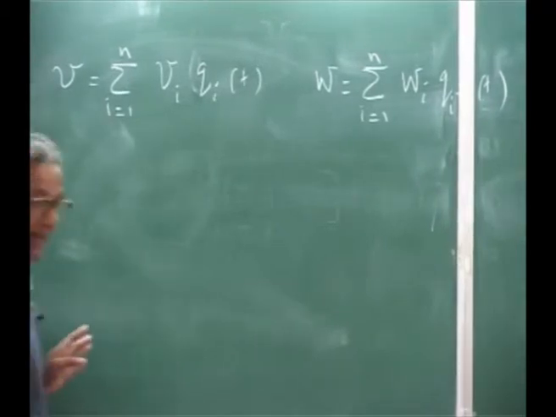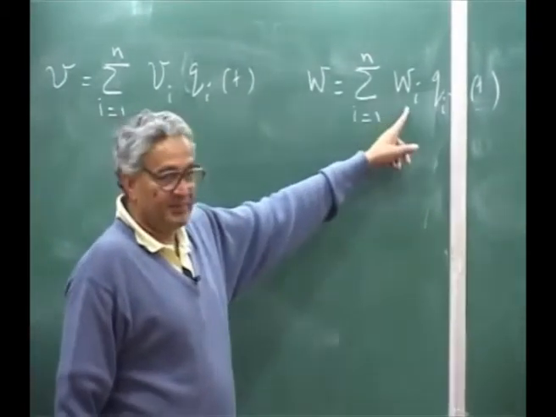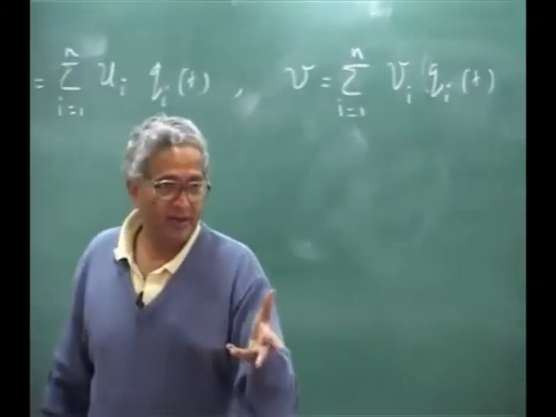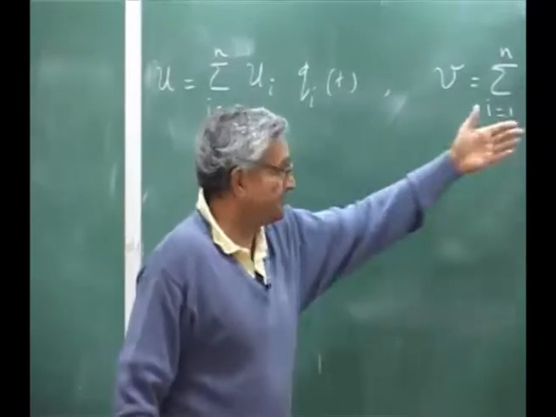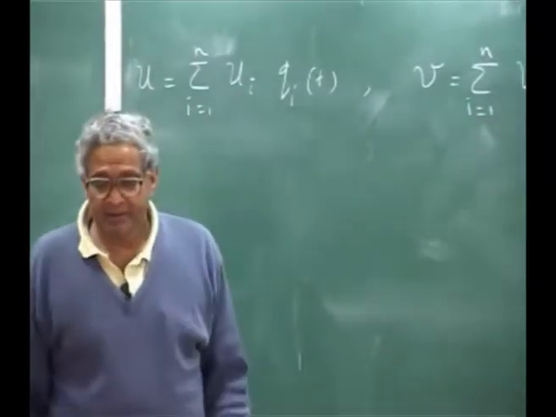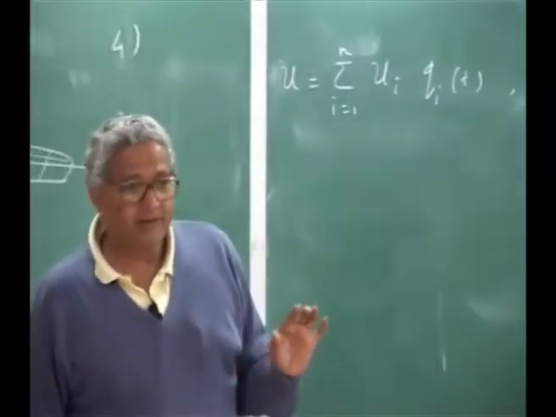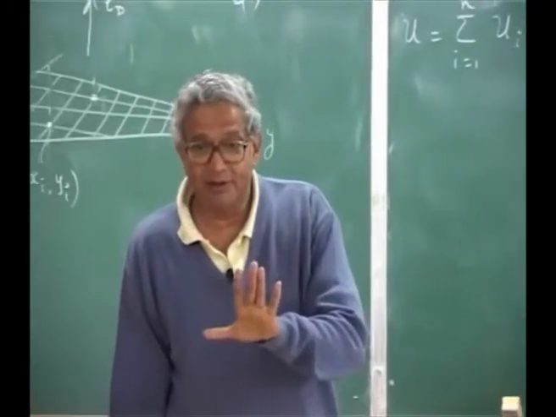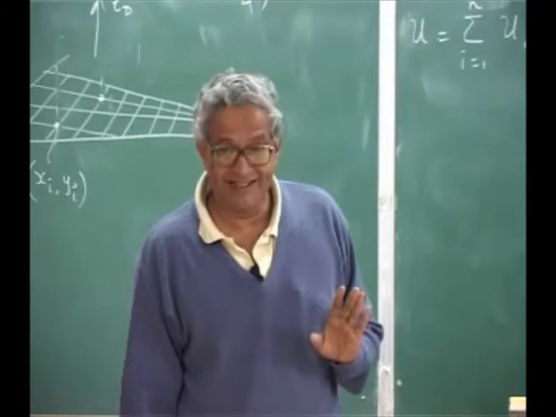But the only thing is, now this wi, what condition should I have for this? It is enough if they satisfy my geometric boundary condition. Please understand, that is the key.